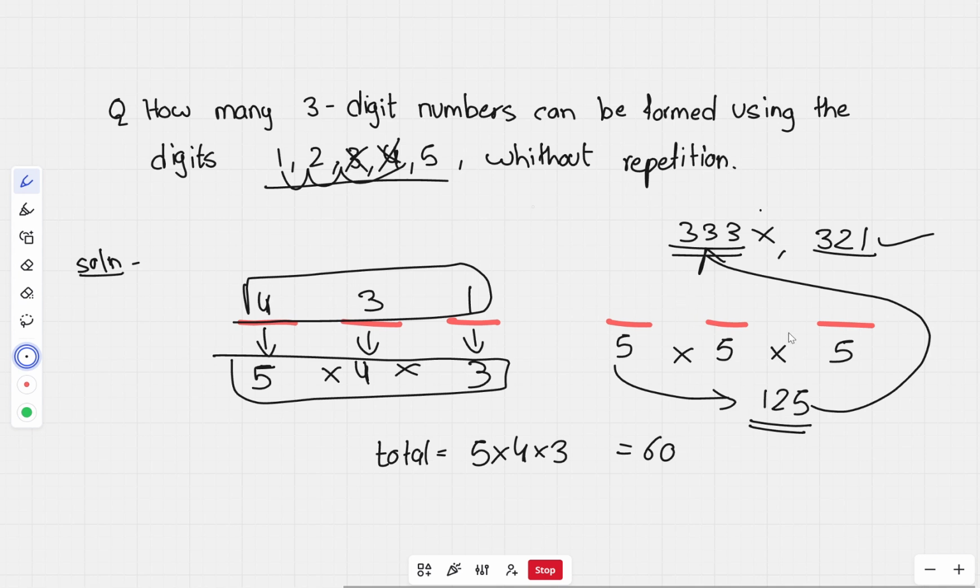So notice what a difference repetition and non-repetition makes in our question. While solving questions, please note whether the question says the digits can be repeated or not, because this changes our answer by a lot.